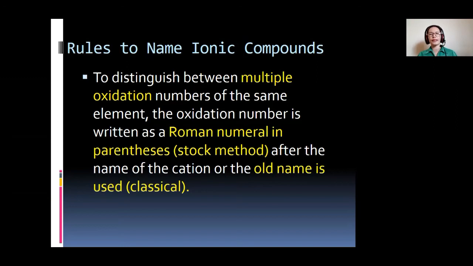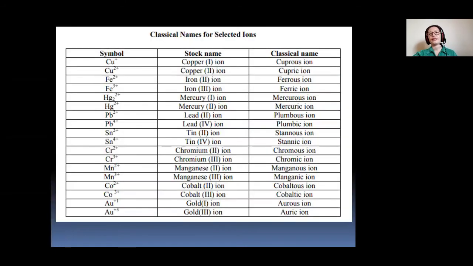If it is classical, the old naming, we are going to make use of the Latin name of the element, and then the OUS ending for the lower oxidation state and the IC ending for the higher oxidation state. Say for example, the element iron has two oxidation numbers, positive 2 and positive 3.